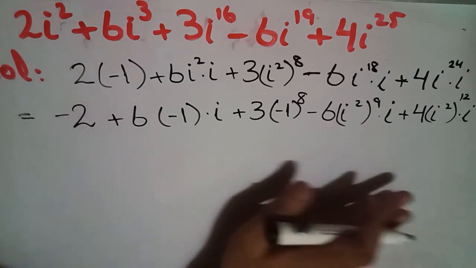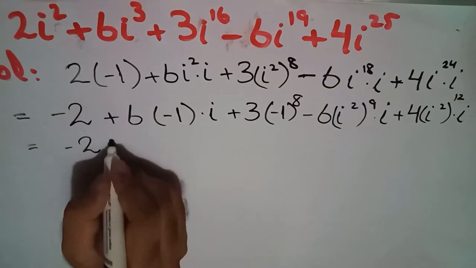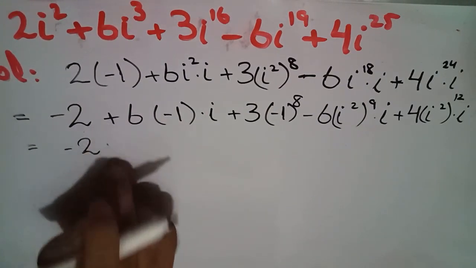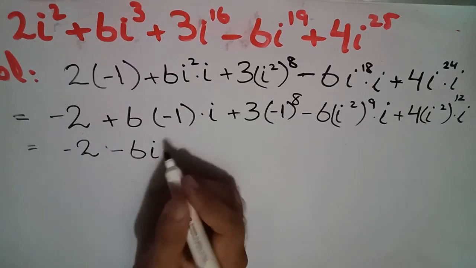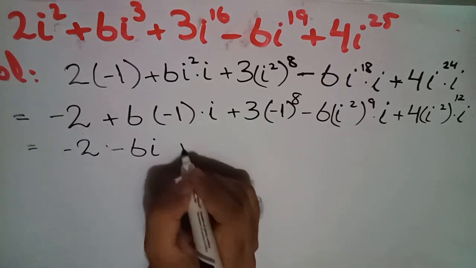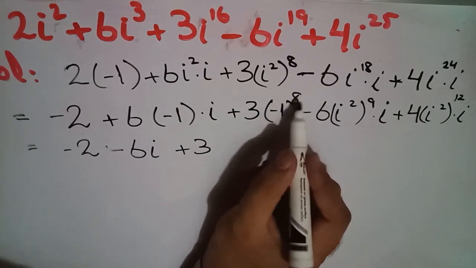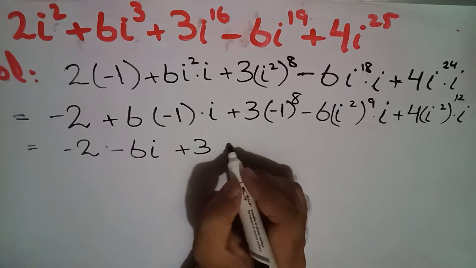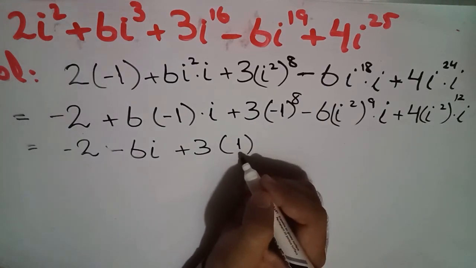Simple. Okay, and you can write in the next step minus 2 minus plus minus 6 and iota will be written with this, plus 3. If the power of any negative integer is an even number, then the answer will be positive, so we will write the positive one.